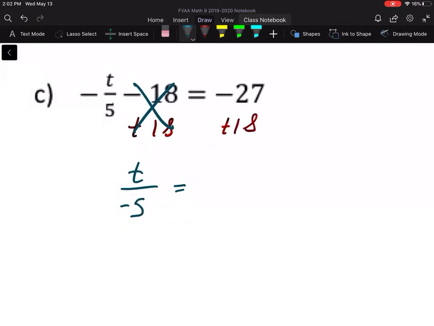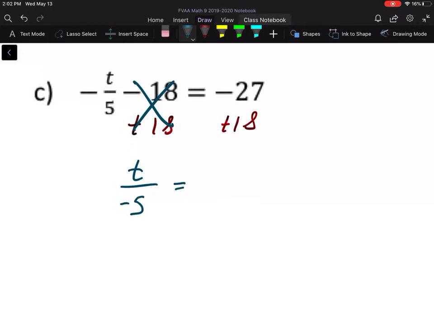Okay, because these problems get more and more complex, and you have a greater and greater chance of losing numbers along the way if you don't take care to do your work in an organized and efficient manner. Okay, negative 27 plus 18 leaves me with negative 5 on this side.